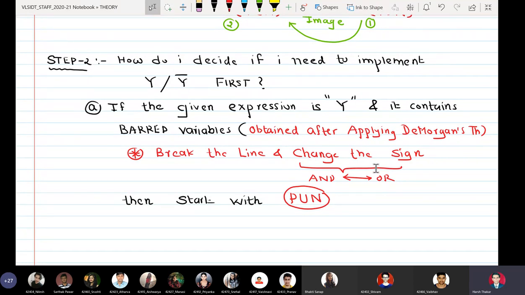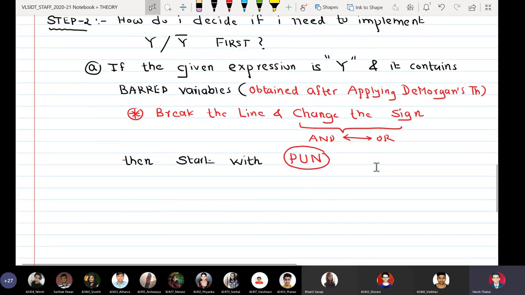That is why, if my expression already contains a bar, when I use De Morgan's theorem the bar breaks and we get complemented variables, and complemented variables can be easily obtained by applying the uncomplemented variables to the input of the PMOS.